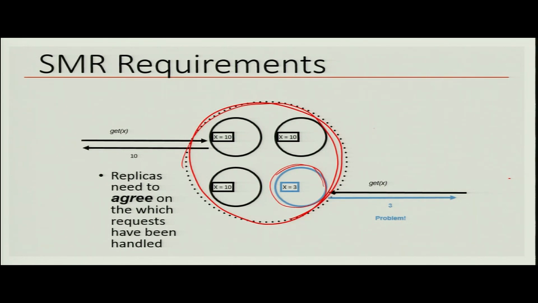So, the point is that all the replicas need to always agree on the state, and all requests must be fulfilled in the same way irrespective of who is requesting that service when the system is in a certain state.